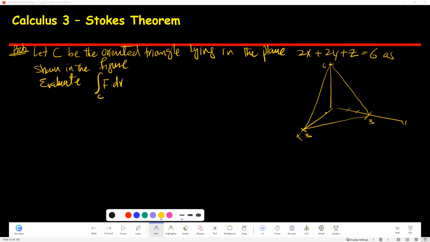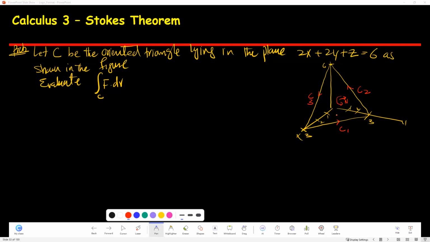Right? So 2, 1, 1, 2, and this is 6. So I have 3 curves, C1, C2, C3, and upward normal, right? And basically it's coming up towards us. And this is a normal we need to calculate.